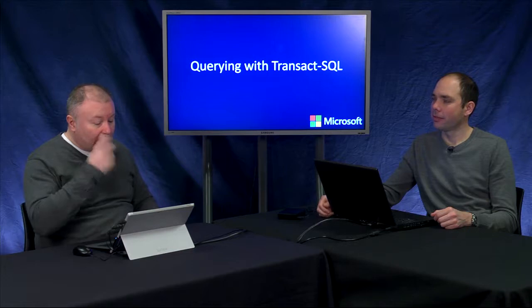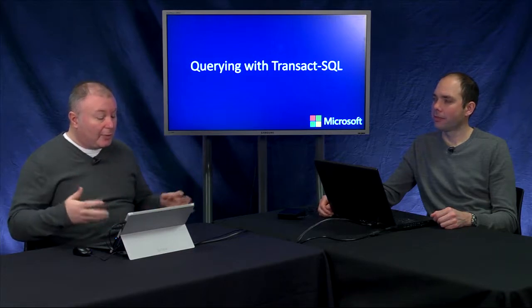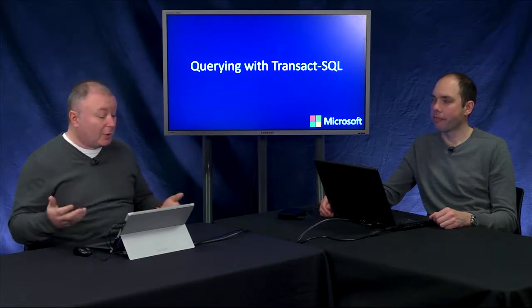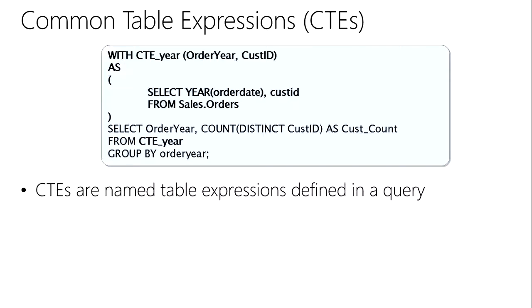Right, and I think for that reason, a lot of people prefer to use this alternative technique, which is a common table expression. With a common table expression, in a similar way to using a derived table, you're defining a temporary tabular object that you're going to use within the scope of a query. These are again named table expressions, so they have a name and they're defined within the scope of a query.